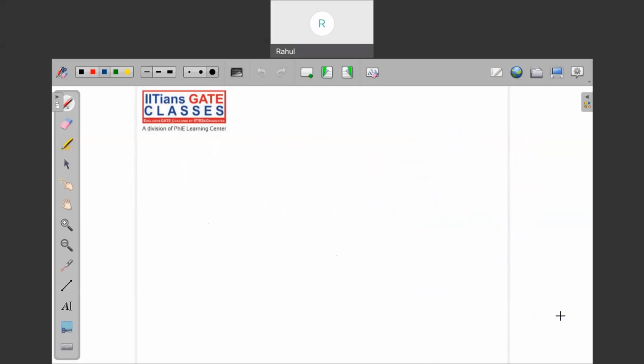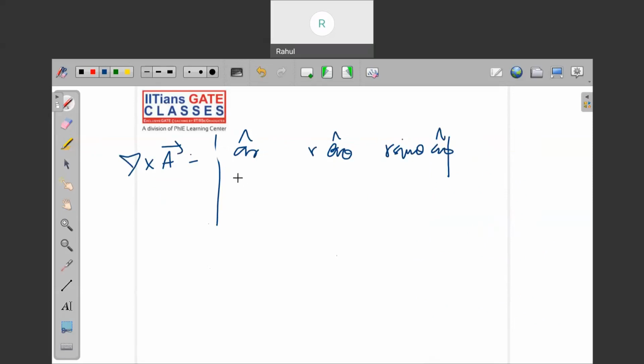And in case of spherical, again please keep this determinant in mind: a r cap, r a theta cap, r sine theta a phi cap, and the partial derivatives, and the components A r, r A theta, r sine theta A phi.